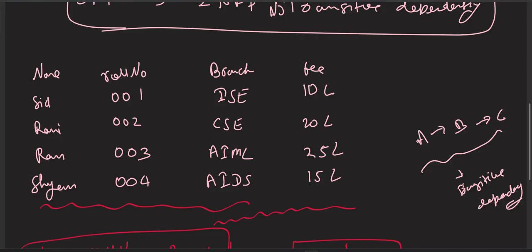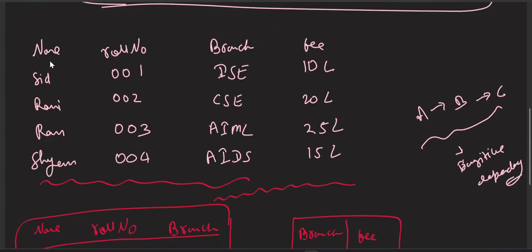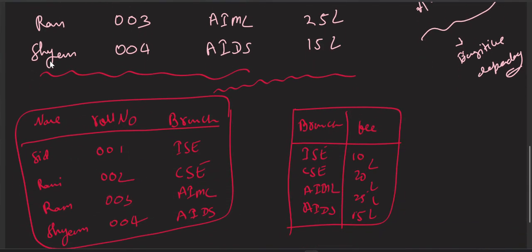Each and every branch has its separate fee structure. But here we have separated these two tables. So now there is no transitive dependency in this. So I can clearly say that my table is converted into three normal form. Okay, so this is all about the three normal form.